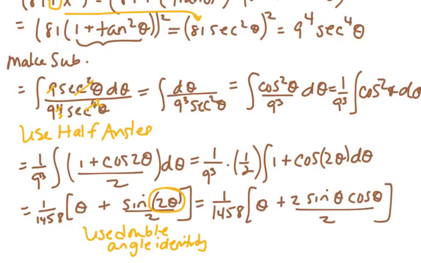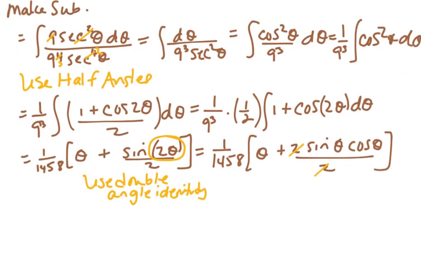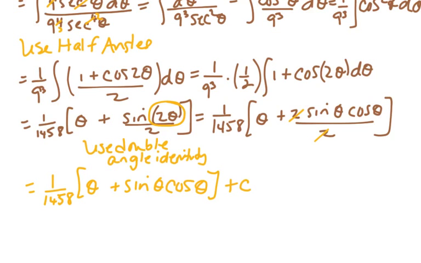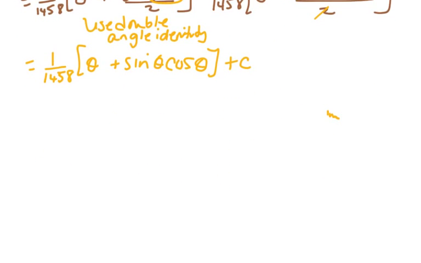So the 2's are going to cancel out, and what I'm left with in terms of theta is 1 over 1458 times the quantity theta plus sine of theta cosine of theta. But again, the original problem was in terms of x, so I need to get back to x.